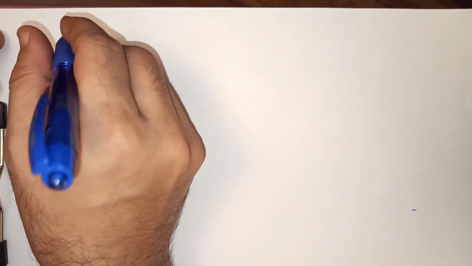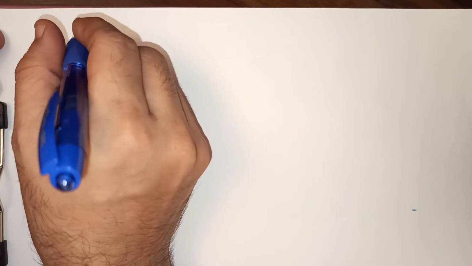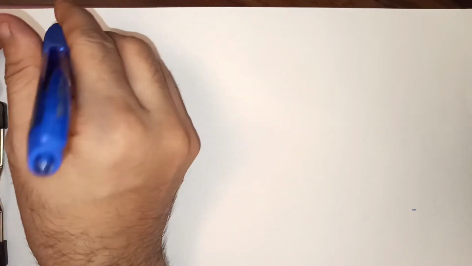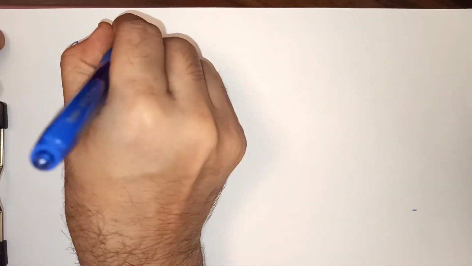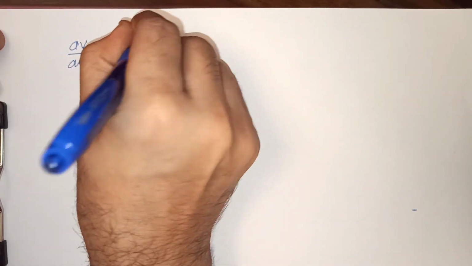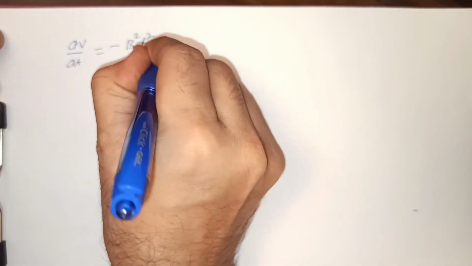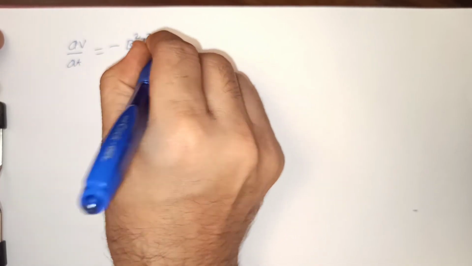I've just quickly moved to the next sheet because there was a space crunch. So what I was saying is, in the last slide, what I've written is dv by dt is equal to minus B square L square V by M into R plus r.